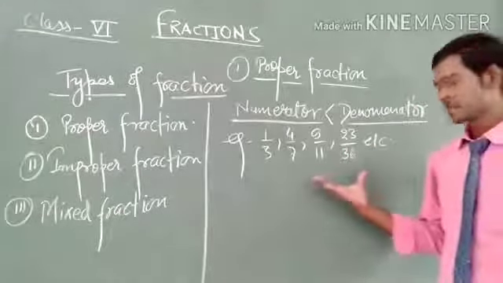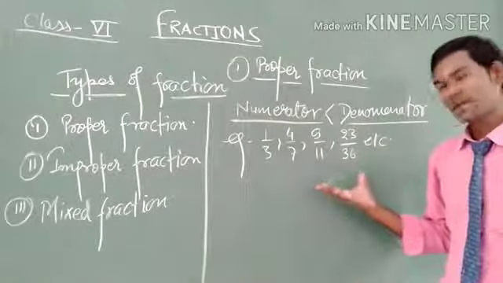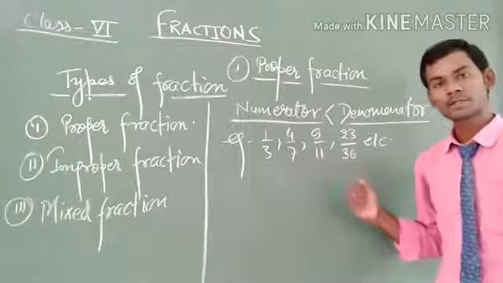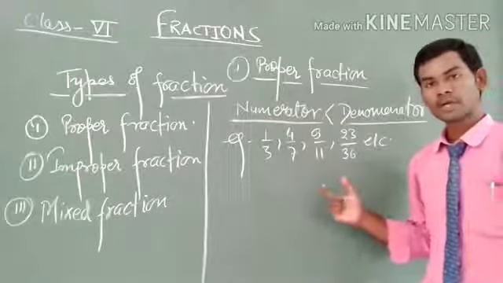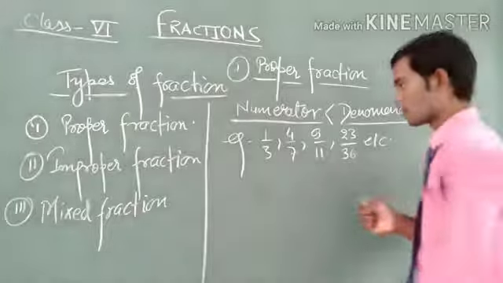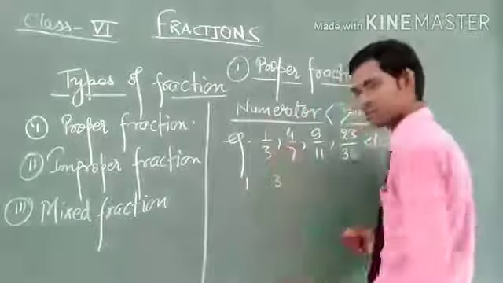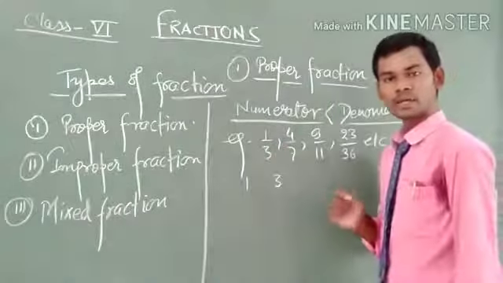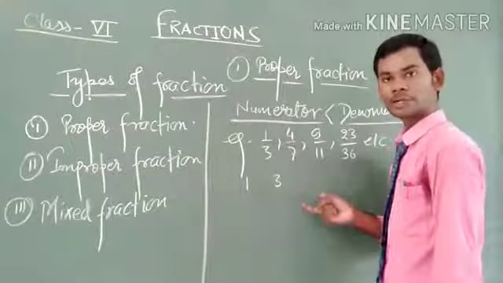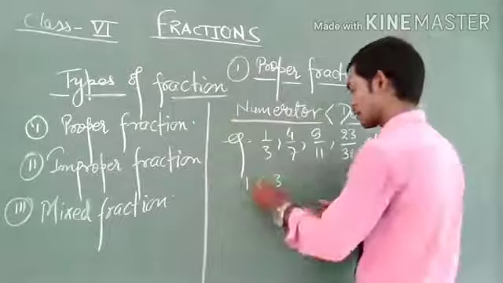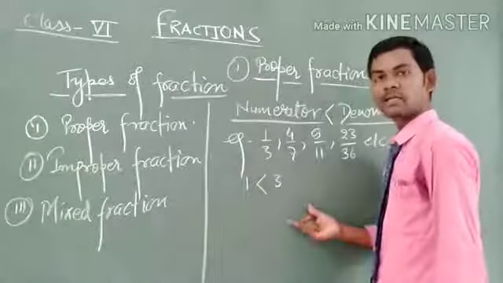These fractions have the numerator less than the denominator. In the first fraction we have 1 and 3, where 1 is the numerator and 3 is the denominator, and here 1 is less than 3.